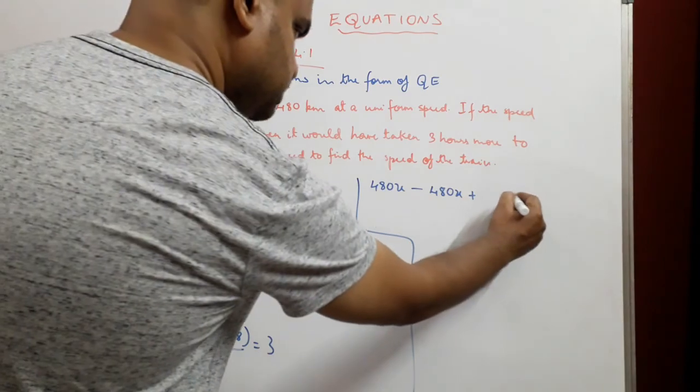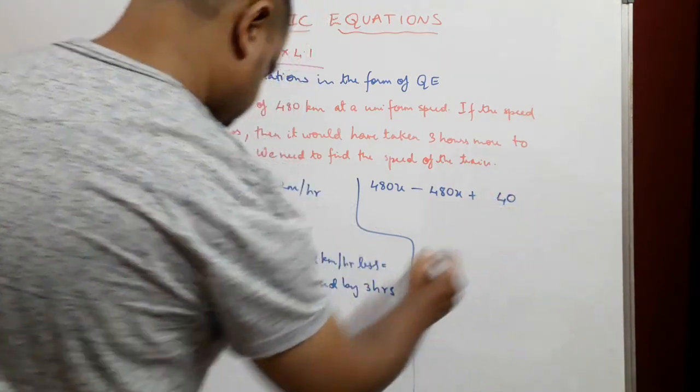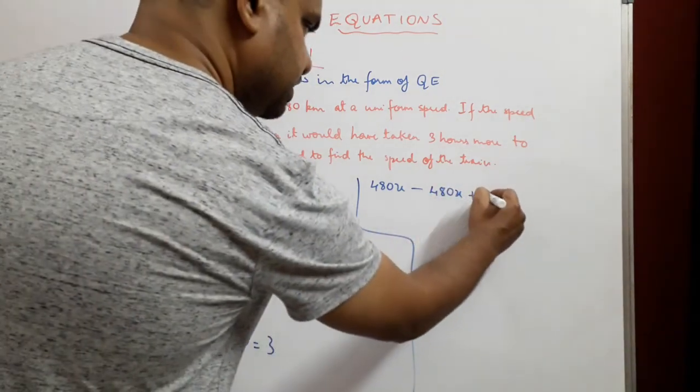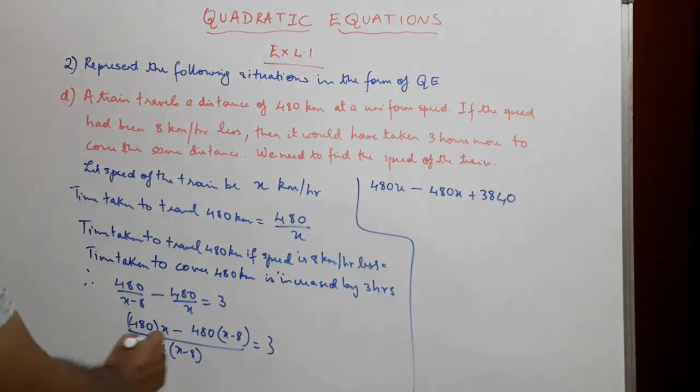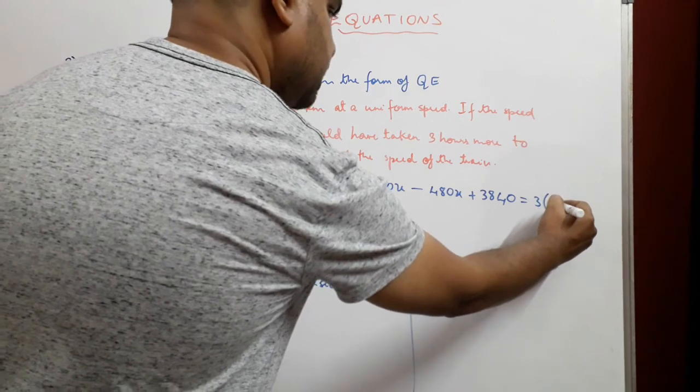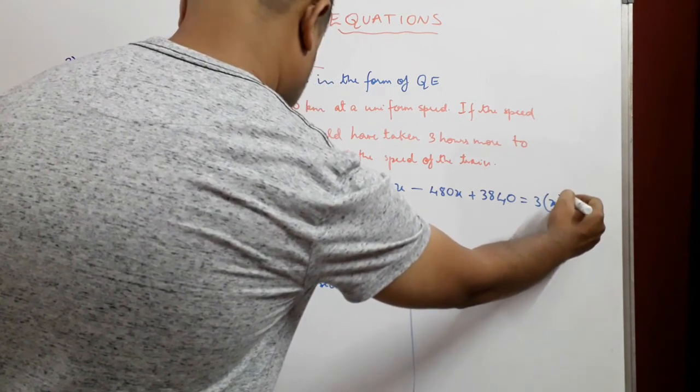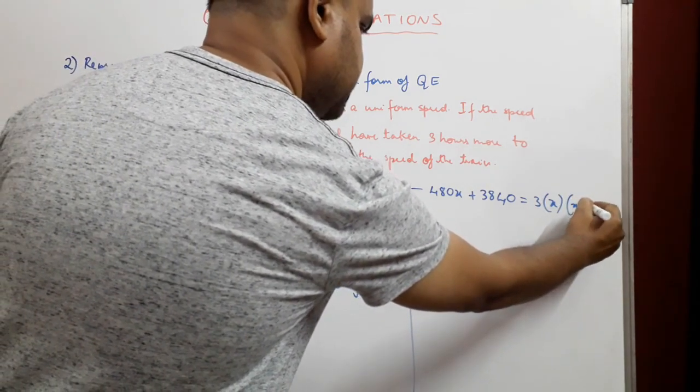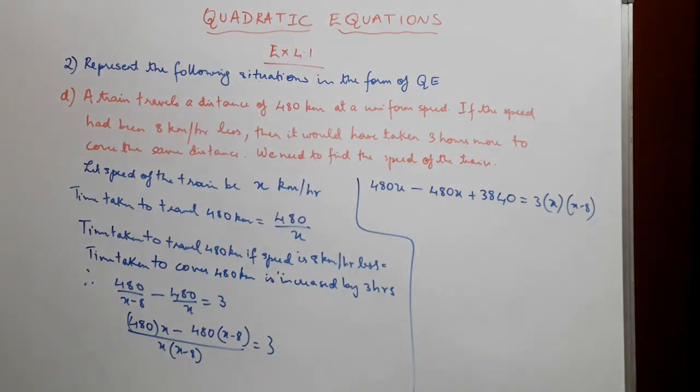Then 8 8s are 64, 8 4s are 32, 3840. Okay. Then equal to 3 into x into x minus 8. Okay, because this is 3x, x minus 8.